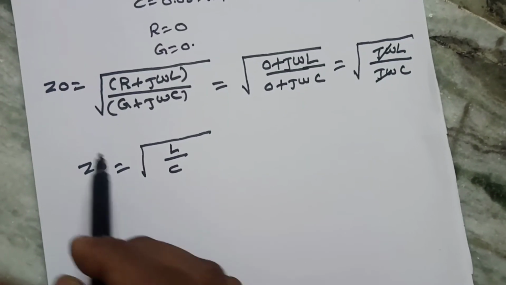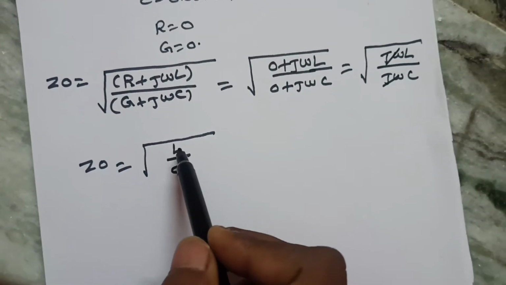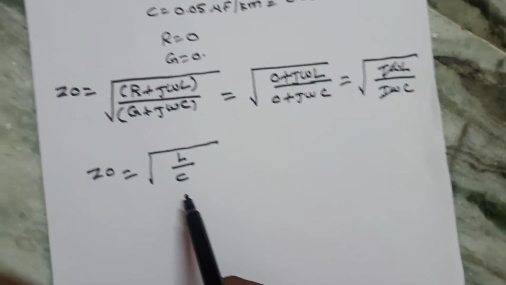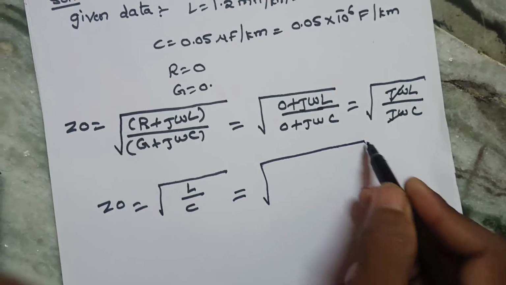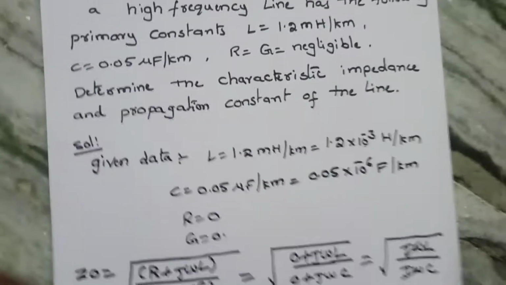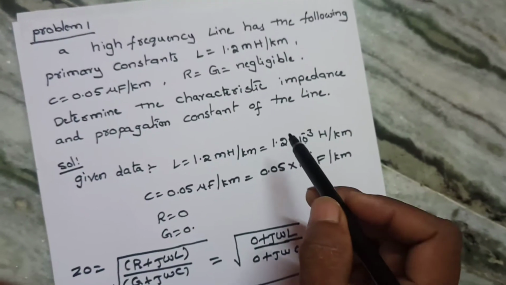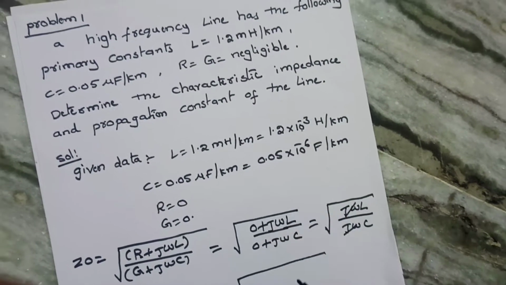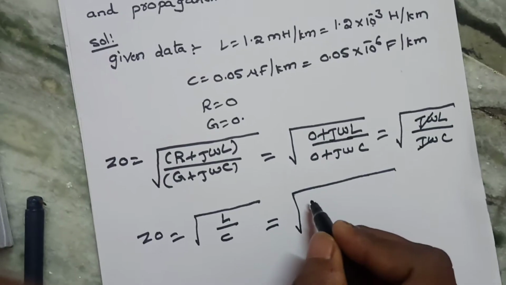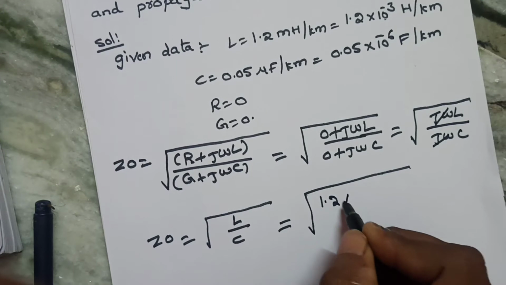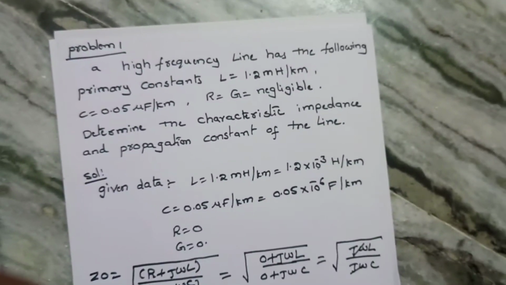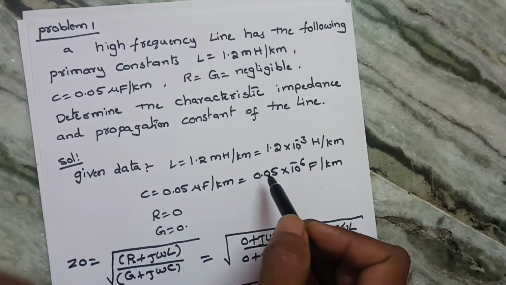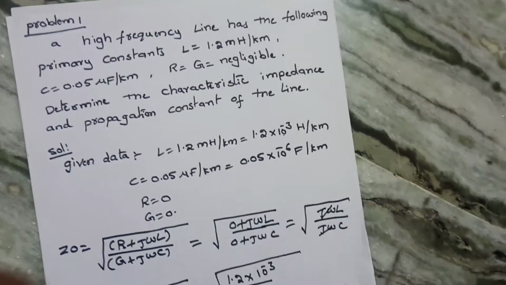In this equation, we have to substitute the value of L and the value of C. Then we get square root of L by C. L is equal to how much? L is equal to 1.2 into 10 power minus 3, by C value. What is the C value? C is equal to 0.05 into 10 power minus 6.